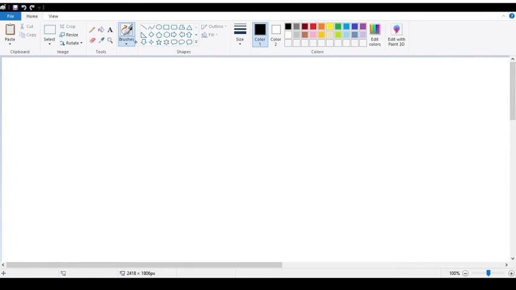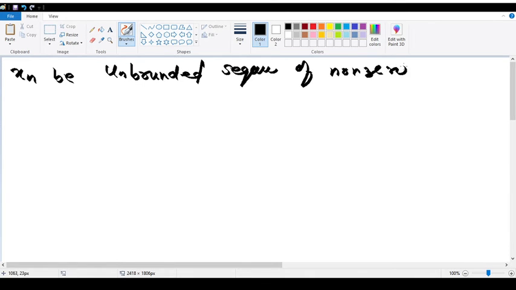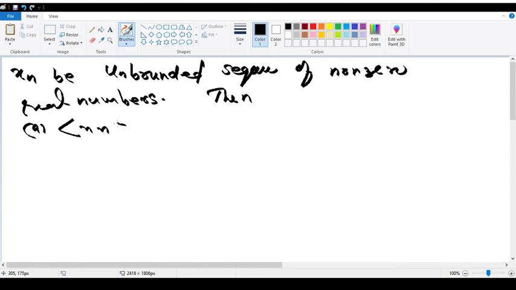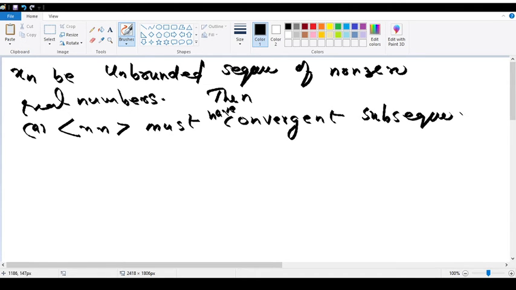Xn be an unbounded sequence of non-zero real numbers. Then, first option, xn must have a convergent subsequence.